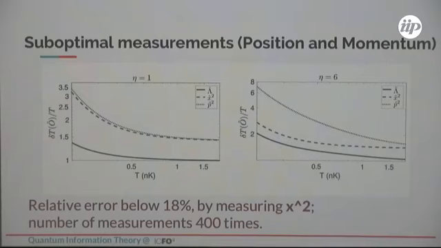Another thing that we notice is that as you increase the strength of the impurity-BEC interaction, the performance of position measurements gets closer to the optimal one. This is not because the position is actually performing better. It's because, as I already mentioned in the previous slide, the optimal measurement is getting worse, such that it gets closer to the position.